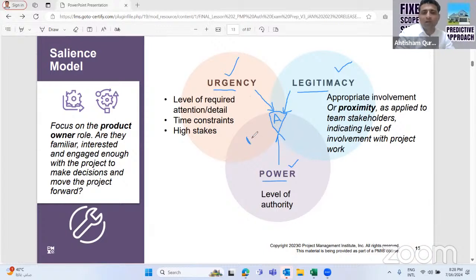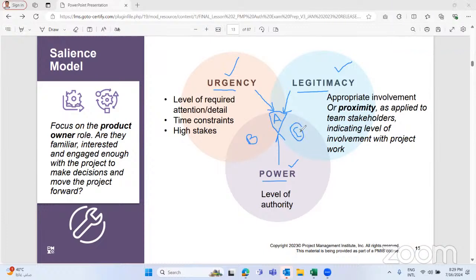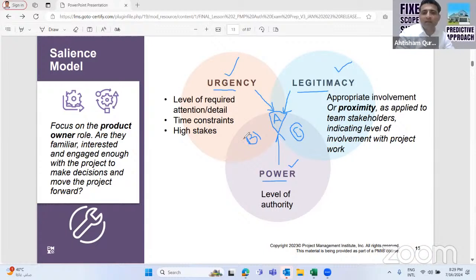Some stakeholders lie only here, which means they don't have legitimacy. They have got the power and the urgency, but not legitimacy. Maybe some stakeholder lies here, which has legitimacy and power but no urgency, right? C doesn't have urgency, B doesn't have legitimacy, and the same is the case for this stakeholder, which does not have power but has legitimacy and urgency.